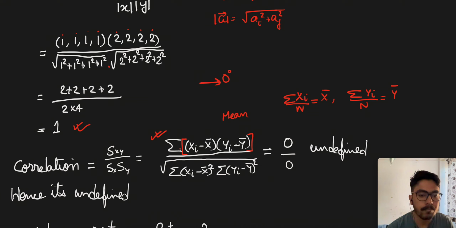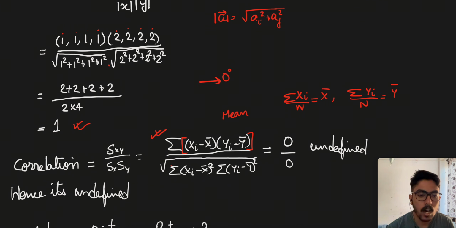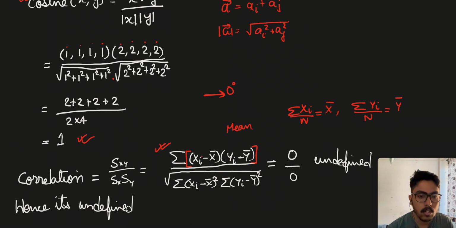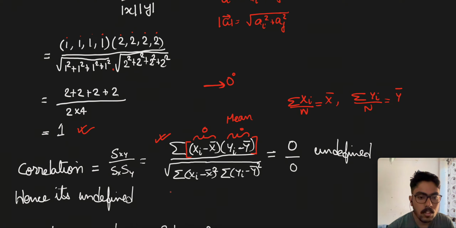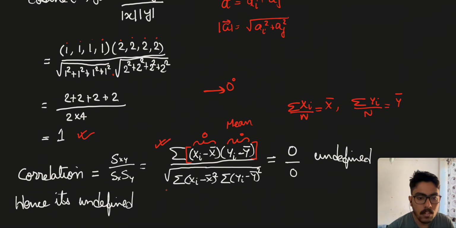It is the same. So after that, if we just calculate, we will see that since all the values are equal, their mean will also be equal, right? So then this term will always be 0, this term 0, and this term will also be 0. So the numerator is 0. Consequently, the denominator, which is s of x into s of y, will be summation xi minus x bar squared, summation yi minus y bar squared.